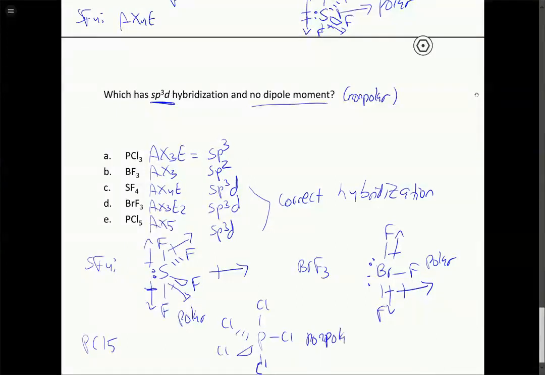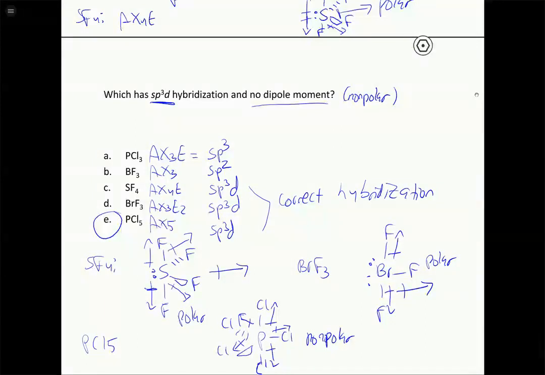All of the individual bond dipoles still have a net polarity towards chlorine, but they all cancel each other out. This structure is a little bit complicated, so it's not the most obvious why they cancel out, but the 3 vectors in the trigonal plane all cancel out, and then you have the 2 apical positions that cancel out as well. So PCl5 is nonpolar and sp3d.